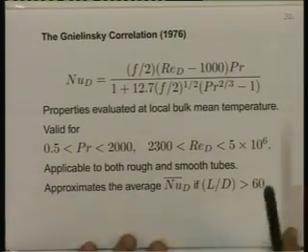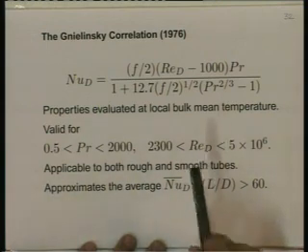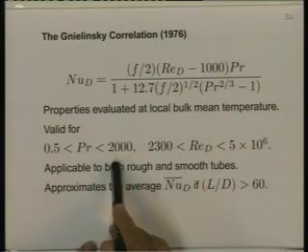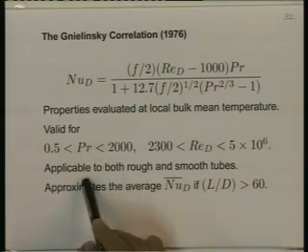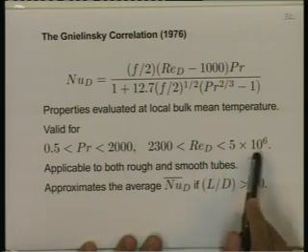This also provides the local value of the heat transfer coefficient when the velocity and temperature profiles are fully developed. Again, like the Dittus-Boelter correlation, the properties are evaluated at the local bulk mean temperature. It has a slightly wider validity, Prandtl number going from 0.5 to 2000. So, some reasonably high viscosity oils are also included. The Reynolds number going from 2300 to 5 million.